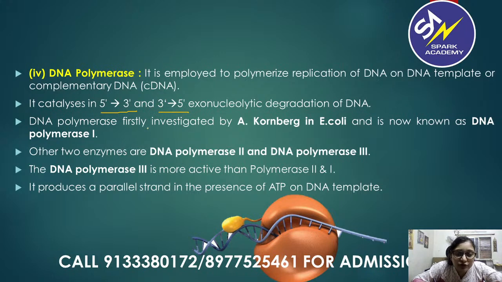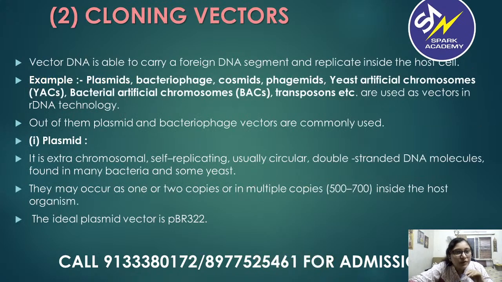DNA polymerase was first investigated by Kornberg in E. coli, and now it is known as DNA polymerase 1. Other two enzymes, DNA polymerase 2 and 3, are also isolated. Among these, 3 is more active. This is an example of DNA polymerase 3. It produces a parallel strand in the presence of ATP on DNA template.